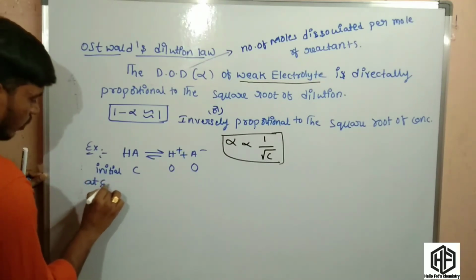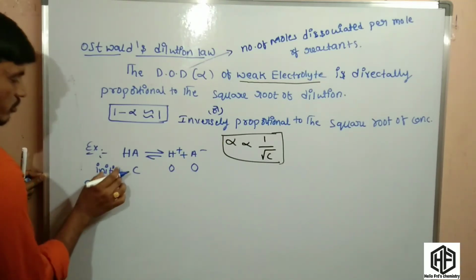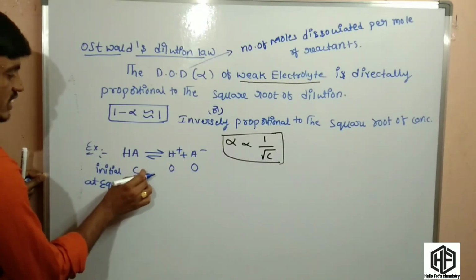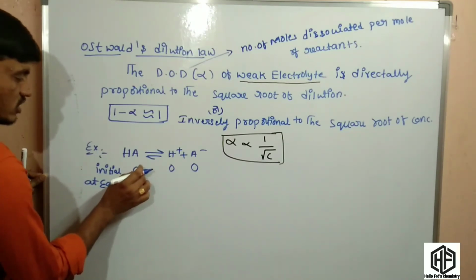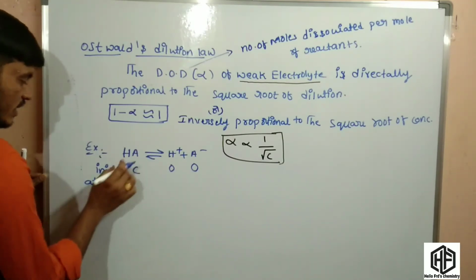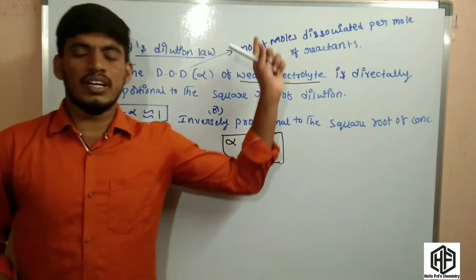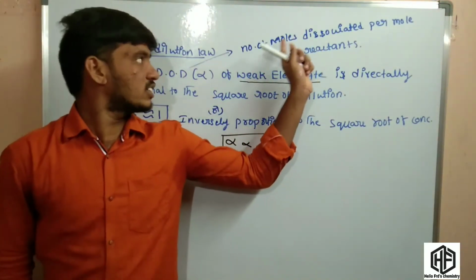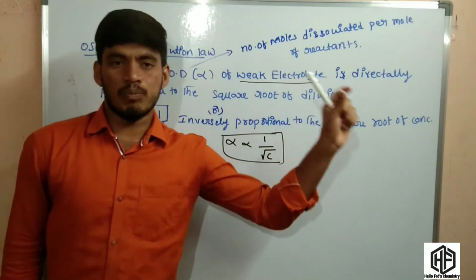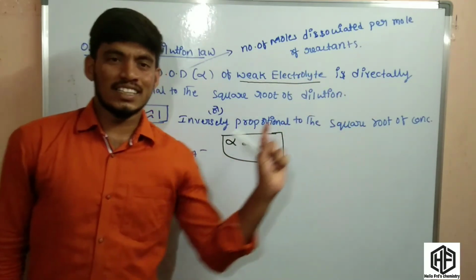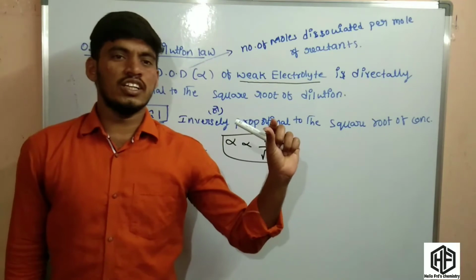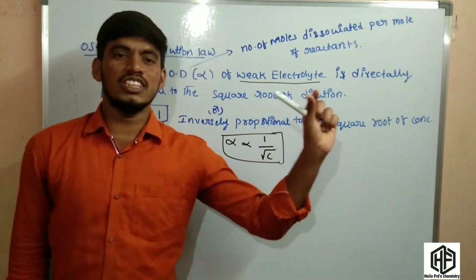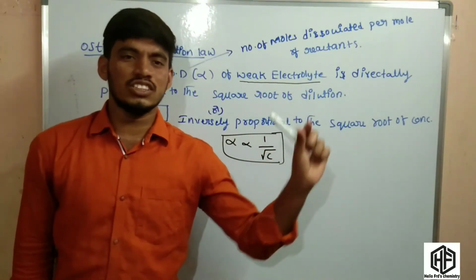Now at equilibrium, what happened there, friends? Initially the concentration is C moles. The degree of dissociation means the number of moles dissociated per mole of reactant. 1 mole dissociates alpha moles, so C moles dissociates C alpha moles.